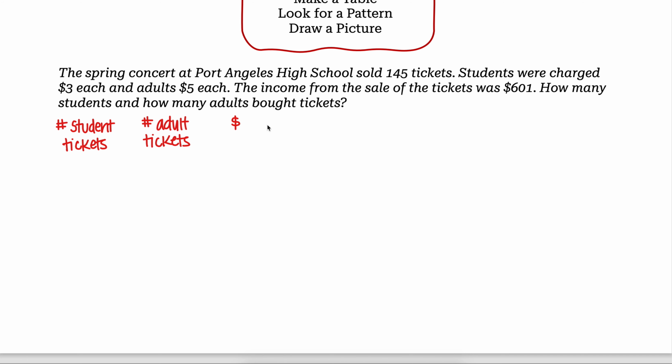Then I'll look at how much money was raised from the student tickets, and I'll do the same for the adult tickets. And then the last column is going to be the total money raised. And obviously, the total money we want to equal $601.